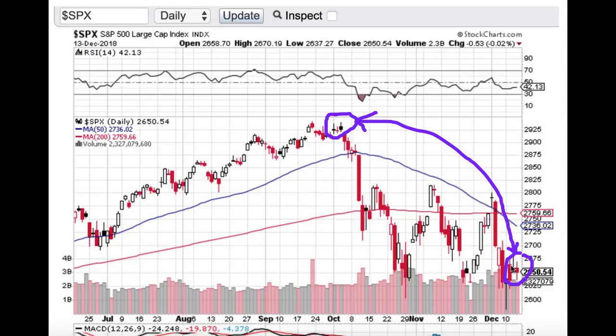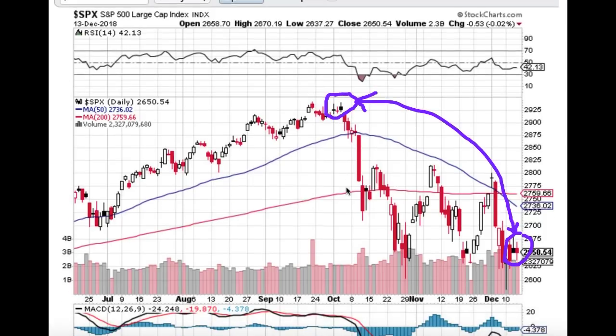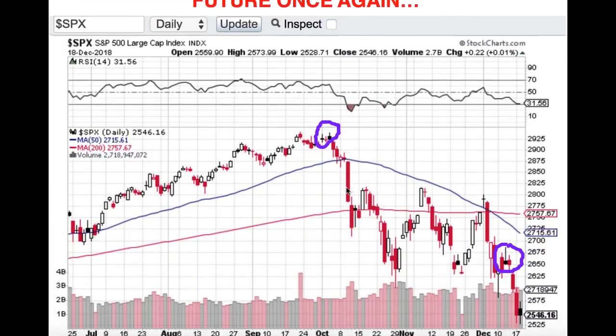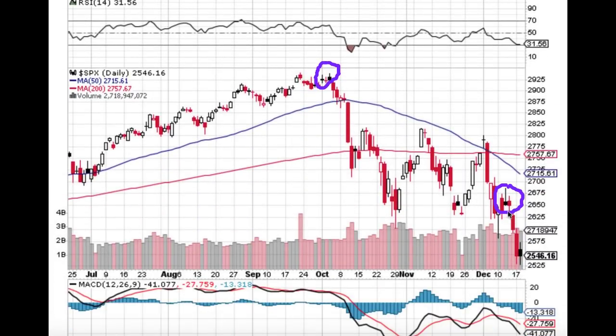It was the same situation, or very close to the situation that we observed right before the major drop began right here on October 1st, right after October 1st, 2nd, 3rd. We were able to point this drop right here. We've analyzed the situation. We pointed a few days ago that a bigger drop right here is going to develop, similar to the drop. So let's take a look at what happened. Today is the 18th, and if we look further, exactly what our market move sequence formula predicted is exactly what has taken place.